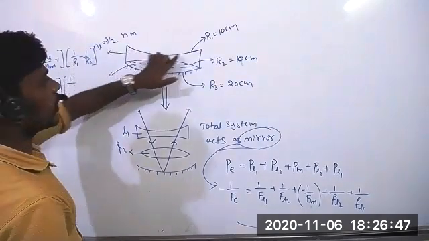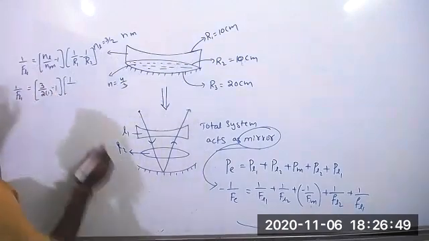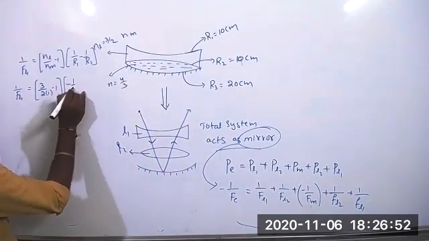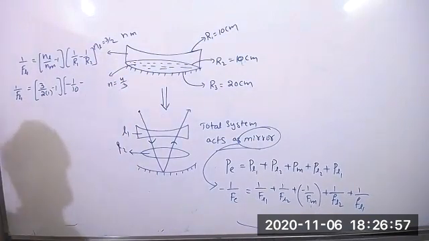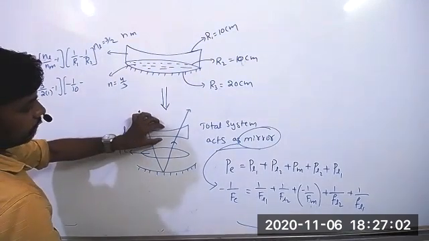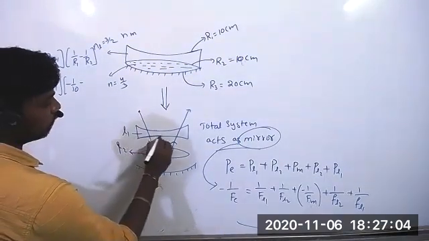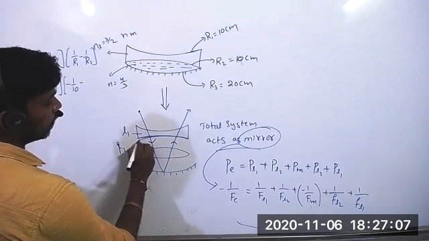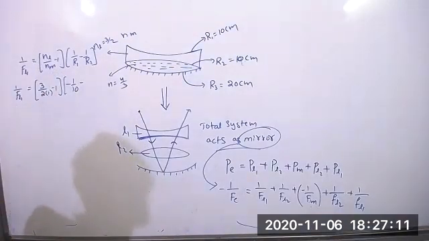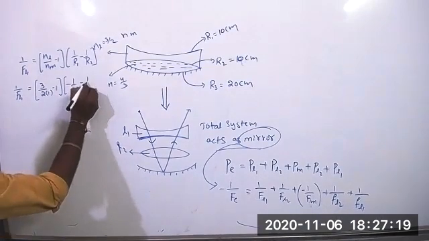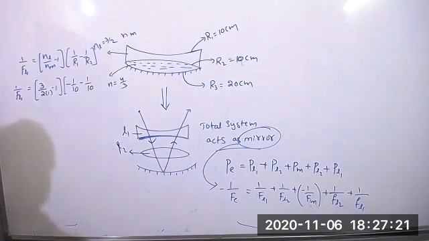It is now concave or convex? Concave. So minus 1 by 10, minus, second surface, plus 1 by 10. Concave, right? Yeah. 1 by 10.